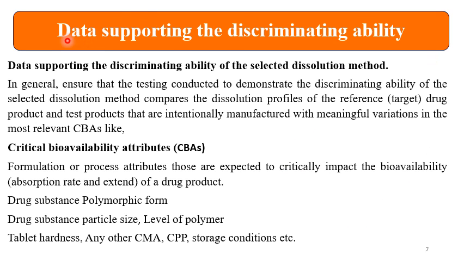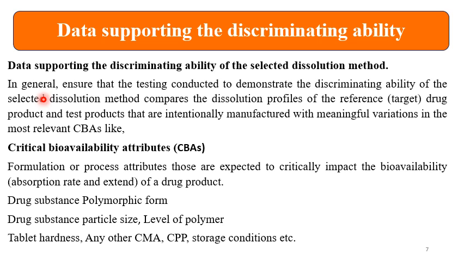Then coming to the data supporting the discriminatory ability. The data supporting the discriminating ability of the selected dissolution method is required to be described, and the parameters are required to be studied.